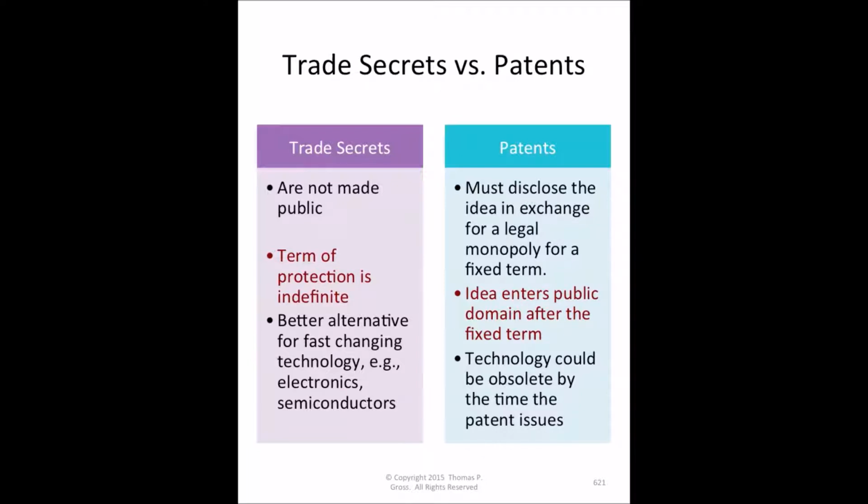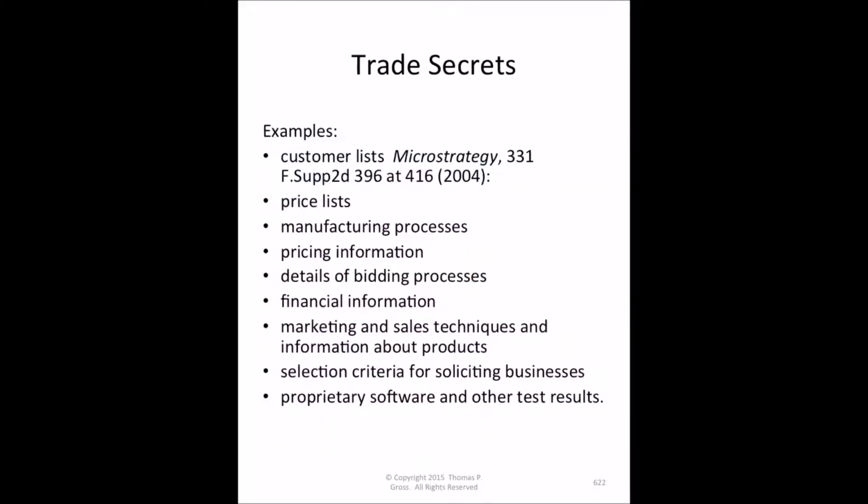And sometimes this is better for technology that is rapidly changing. It's not worth going through a disclosure process, not worth going through a whole prosecution process for a patent, if it's going to lose its value in 1 or 2 years because the technology is changing so quickly.